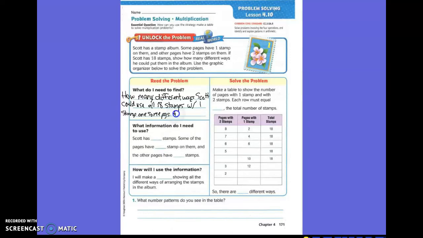And then the and sign, two stamps on other pages. I'm using abbreviations so that we can fit it all on there.